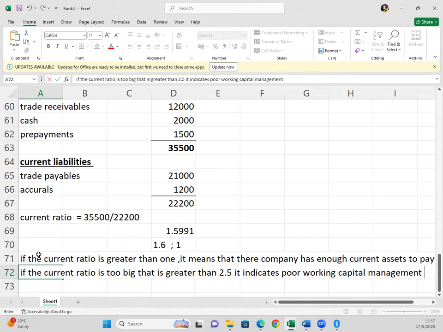If the ratio is greater than 2.5, it's poor working capital management.